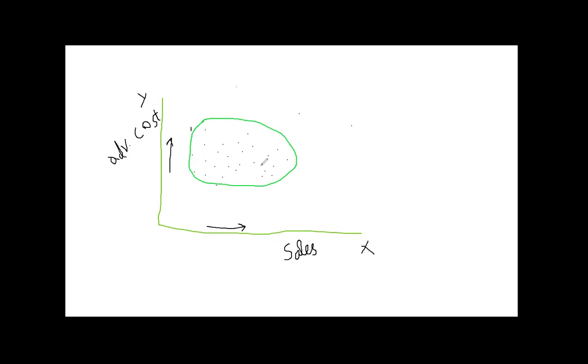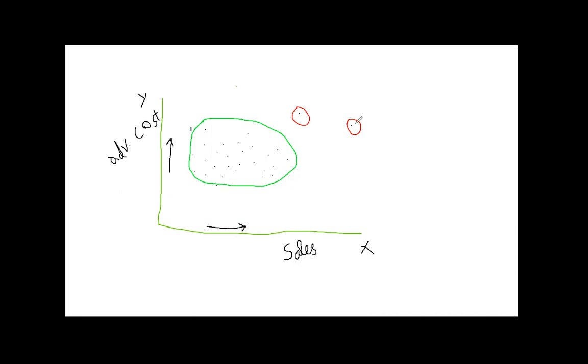But at the same time we see there are some points, again recorded sales, which are lying outside the concentrated portion of the data set. In technical and statistical terms, we call this an outlier.